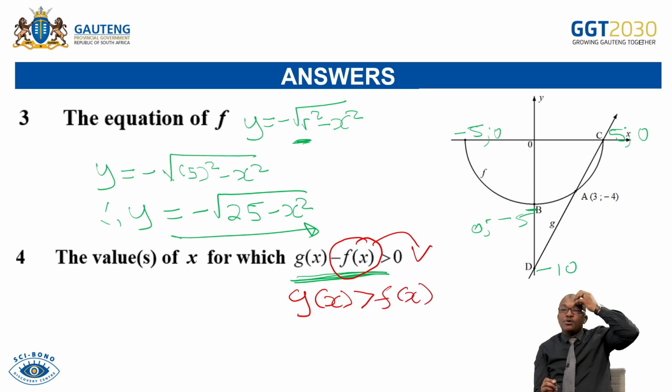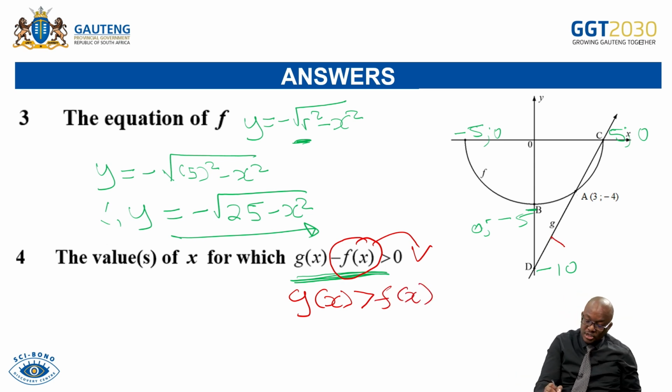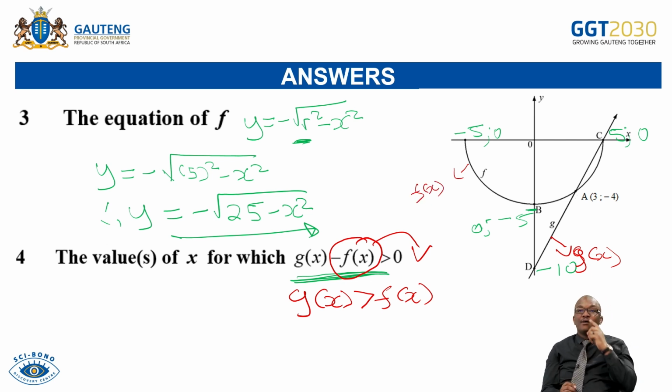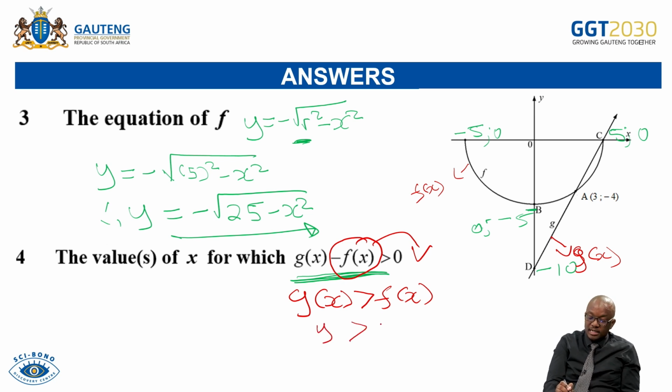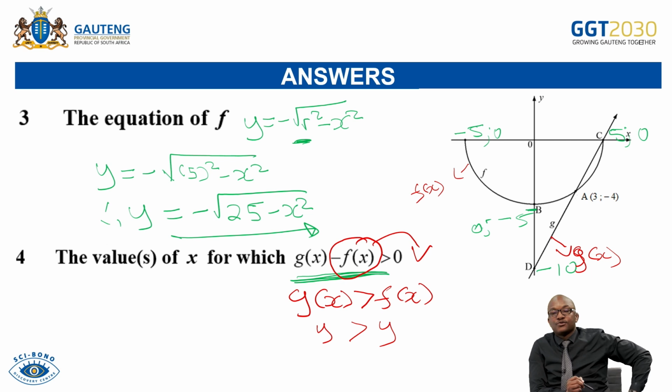Then you know we have g of x and f of x. Remember, we want where the y values of g are greater than the y values of f.